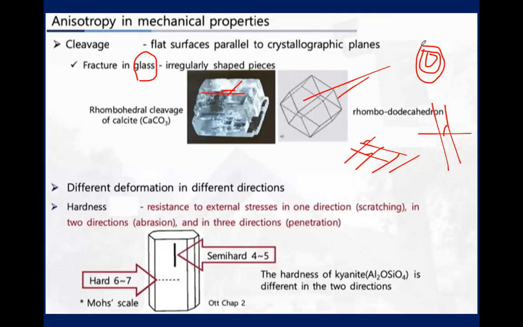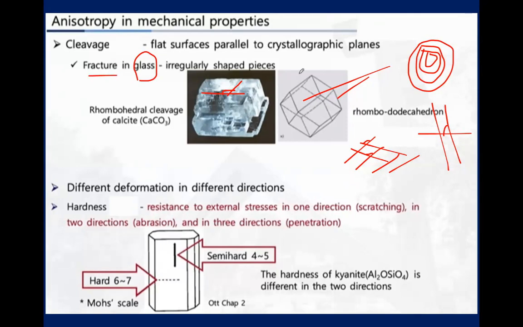In your window glass, for example, or when you travel by bus, you may have seen some edges of the window glass broken. There you will see some concentric pattern of fracture. This is what we call a fracture.